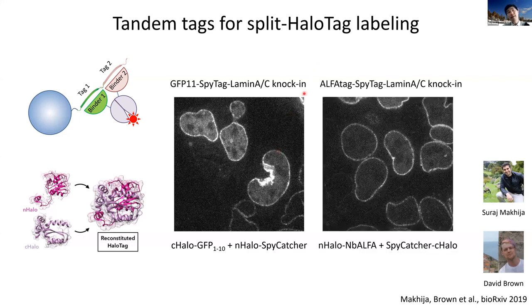We could replace the GFP with Nb alpha. It's actually an even better system. Now this becomes a really highly modular system, because we can just put a tag in and put the binder, whichever binder is needed for a particular application.